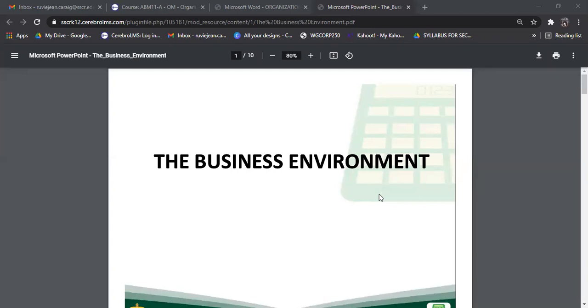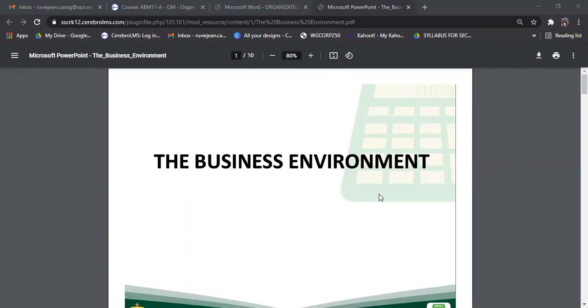Kasi again, we are interacting with people inside and outside of the organization. We are also receiving information regarding inside the organization, even outside the organization, and this information will be used to make sound decisions, to be able to solve problems and address opportunities.